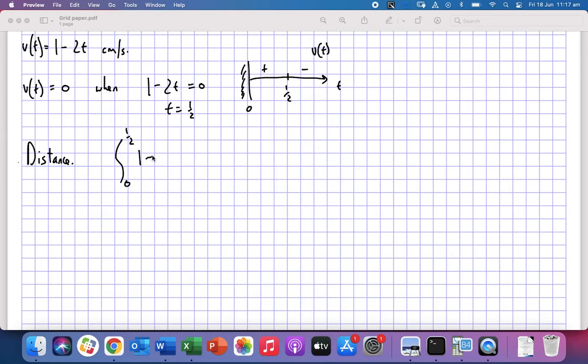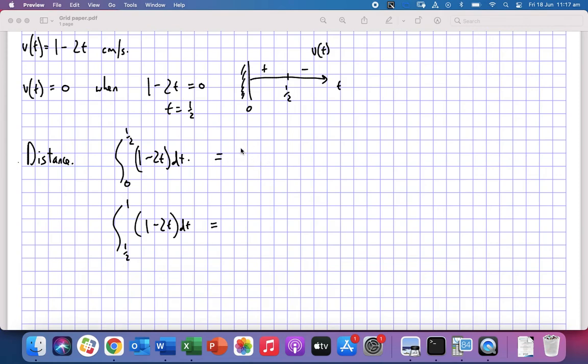Let's write out the actual function. And I'm also going to need the integral from a half up to 1. Now this second integral will come out negative, but for distance, all my negative answers will become positive because distance doesn't have the directional component. It's like area. I just want to know what the area is.